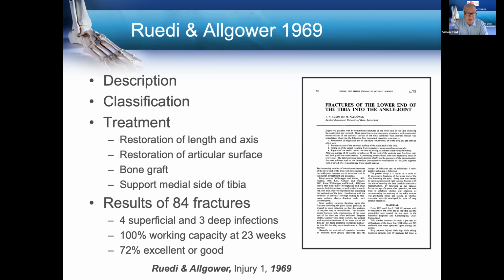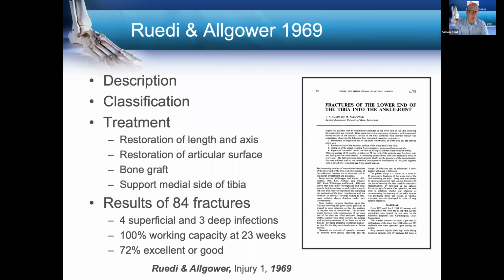It's one of the classic papers you really ought to be able to mention, or at least the classification system from it. In 1969, in English, and previously, I think, in French, a few years earlier, these two chaps from Bern, Ruedi and Allgower, who I've mentioned previously, published this paper. They published the results of 84 fractures they treated in 82 patients over about a 3-year period.